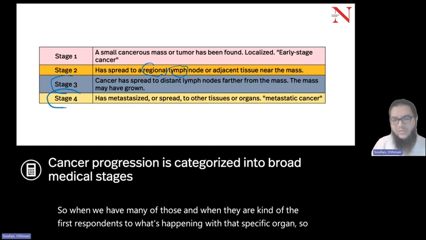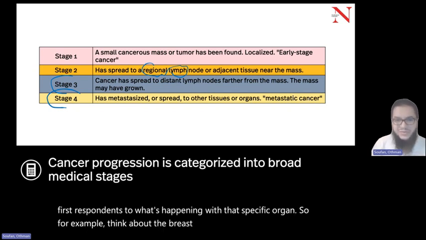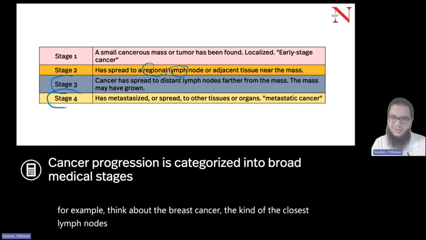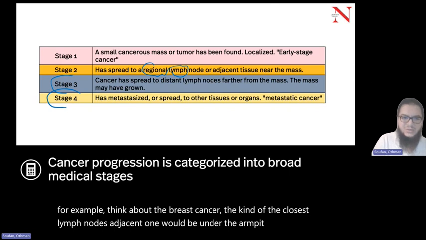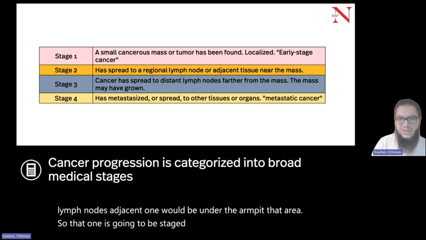So, for example, think about breast cancer. The closest adjacent lymph nodes would be under the armpit area. So that one is going to be stage 2.